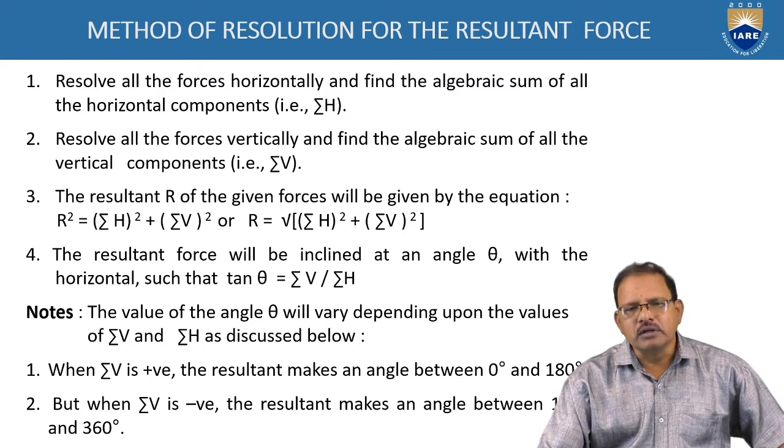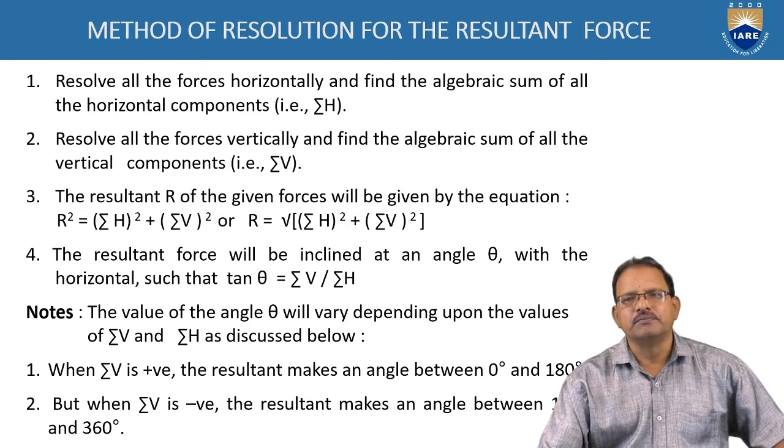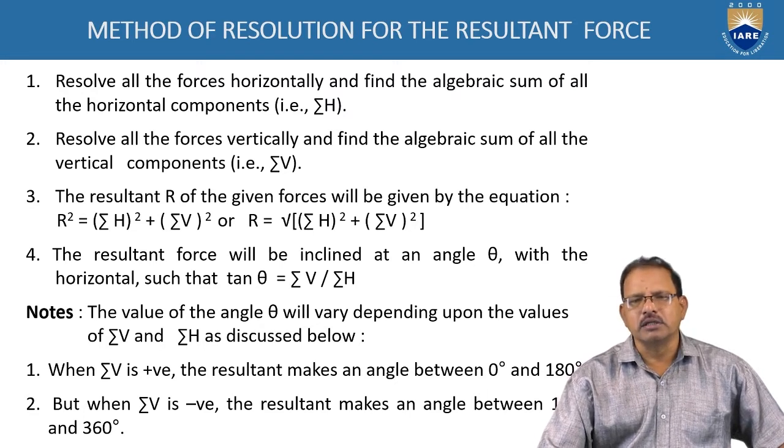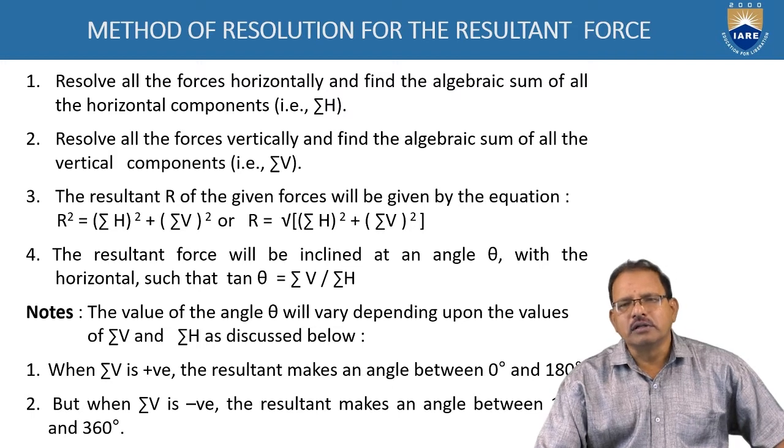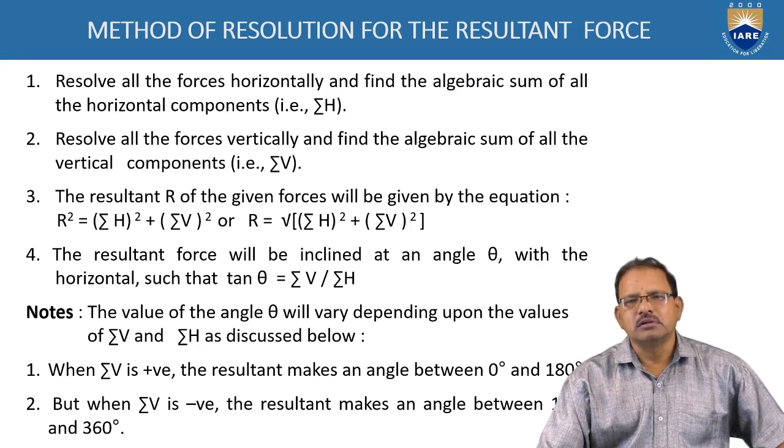Similarly, when sigma H and sigma V are both negative, the resultant lies in the third quadrant, making an angle between 180 and 270 degrees. When sigma H is positive and sigma V is negative, the resultant lies in the fourth quadrant, making an angle of 270 to 360 degrees.